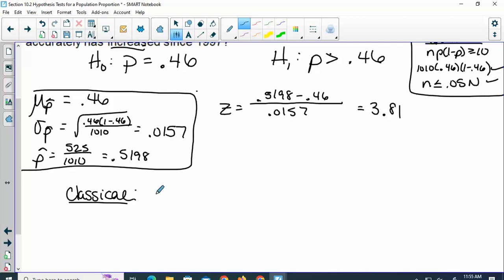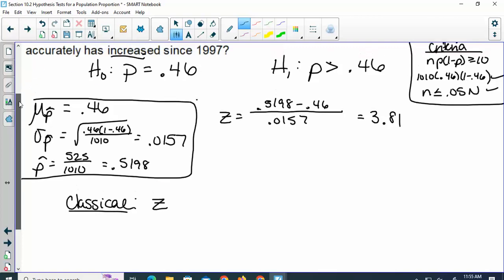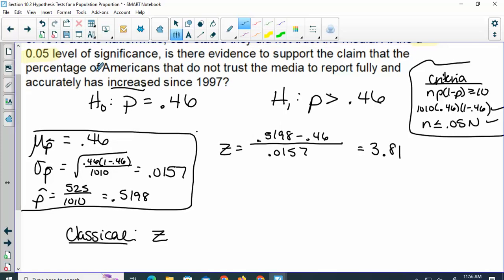If we're going to have a classical approach, we need to know what z corresponds to our breaking point, our cutoff point. Since it was just one-tailed, that means my whole 5% error can be in that upper tail. So we're looking for a z of 0.05. If it were two-tailed, we'd have to split that 0.05 into 2.